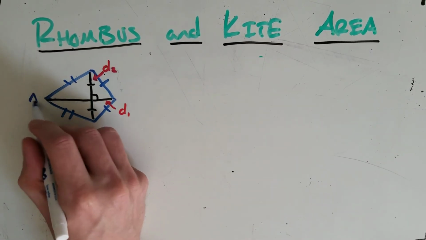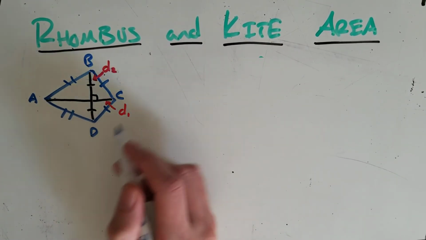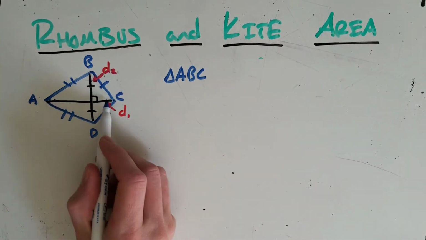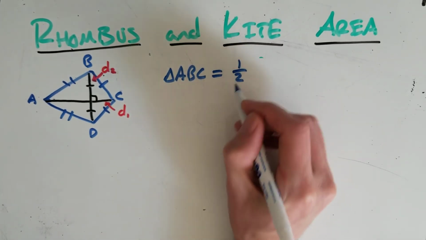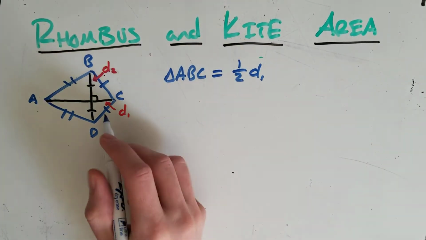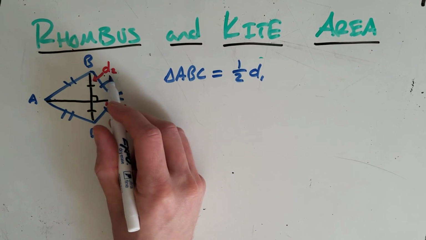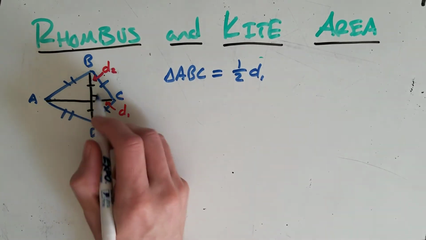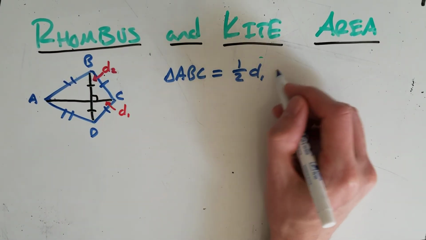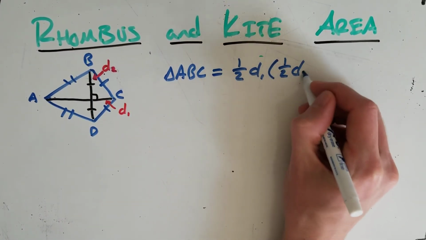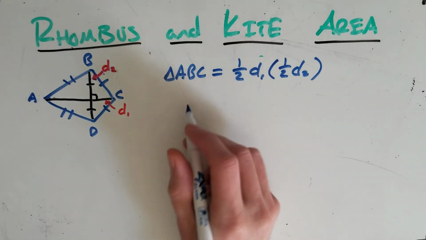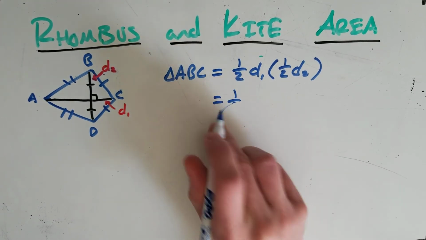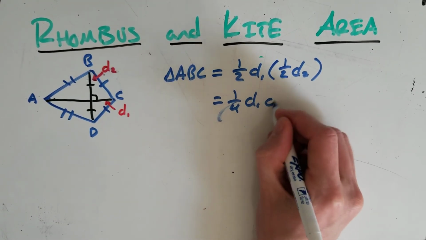So if we had this little triangle ABC, the area of triangle ABC would be a base of d sub 1, and then d sub 2 is going to be half because it's been bisected. So the area of this triangle up here would be 1/2 base times your height, which would be 1/2 d sub 2. So the area of this would end up being, again, 1/4 d sub 1 times d sub 2.